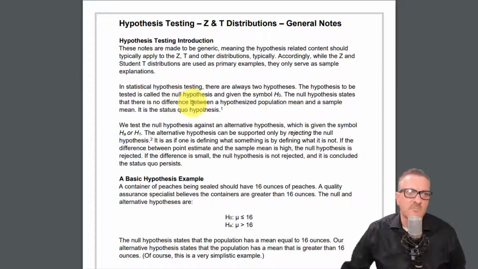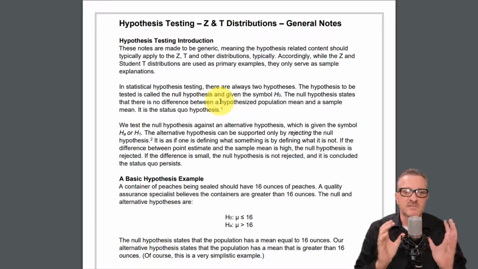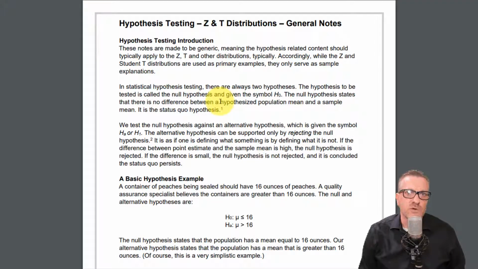In statistical hypothesis testing, there will always be two hypotheses. The hypothesis being tested is called the null hypothesis, and it's given the symbol H0. If you think about it, the null hypothesis is the status quo. It is saying this is what we believe to be true as of this test.